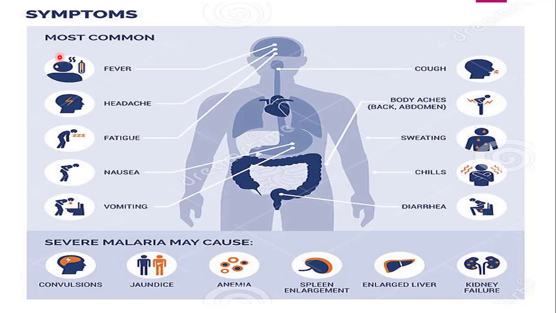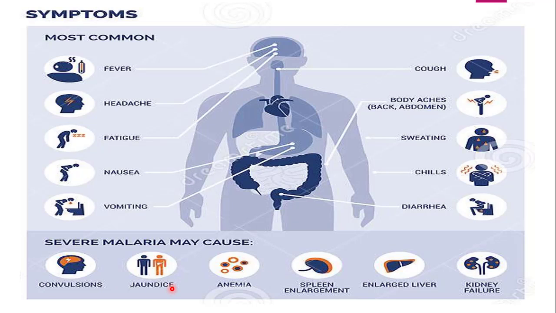Fever, see, they have shown the thermometer, then headache, fatigue, nausea, a feeling like vomiting, then vomiting. Other symptoms are cough, body ache, back and abdomen ache, then sweating, chills, diarrhea, etc. These are the common symptoms.